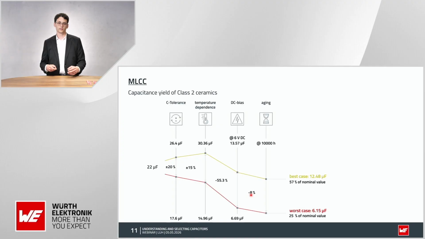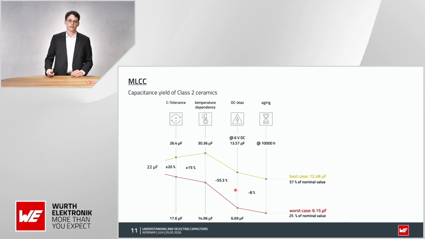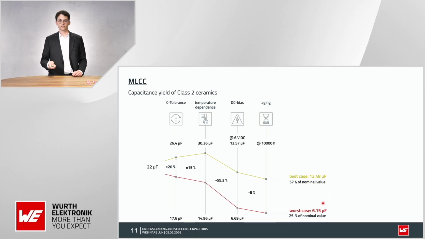In reality, the drop might be not so strong because aging, for example, might be a little bit different if you applied DC bias voltage before. So the value could also be a little bit better.